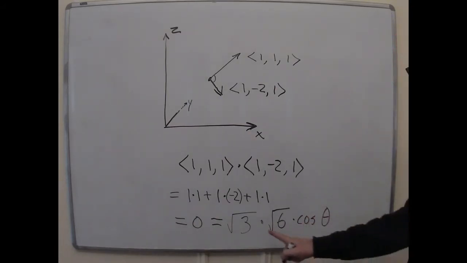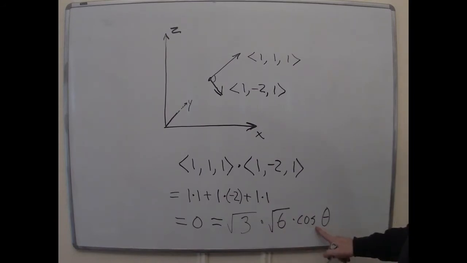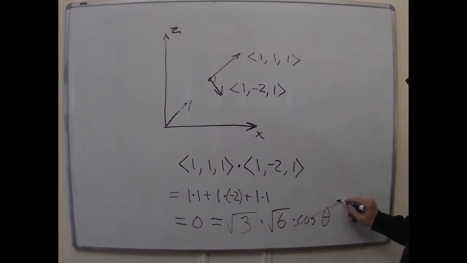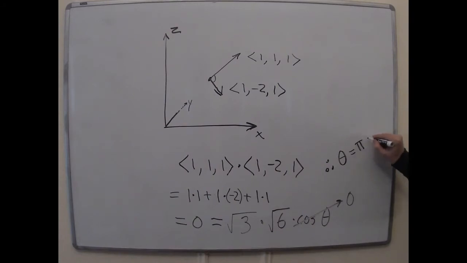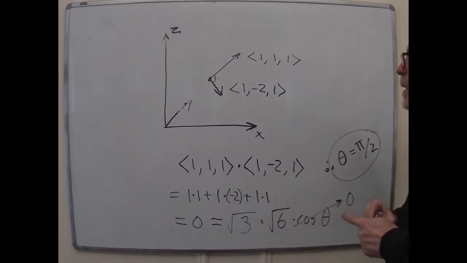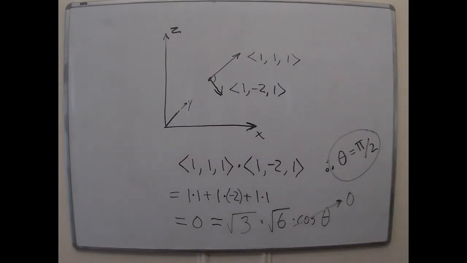So we've got the product of these two non-zero numbers, and that cosine of the angle equals 0. It must be that the cosine of the angle is equal to 0. So what does that tell you about the angle? It must be 90 degrees, or pi over 2 radians. Proved orthogonality by using the dot product.